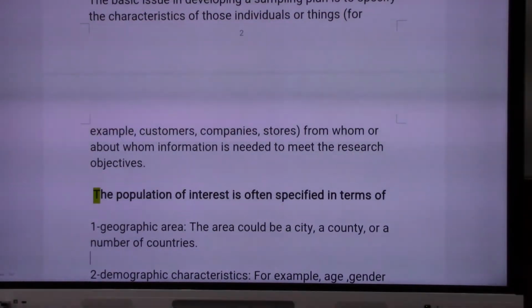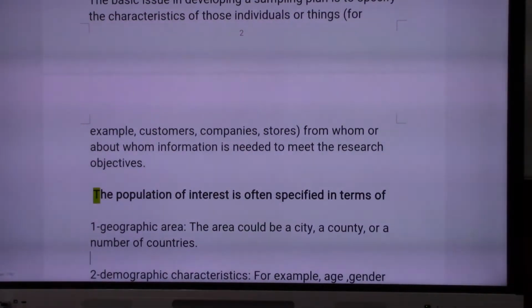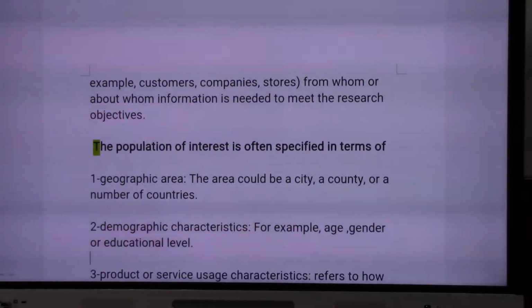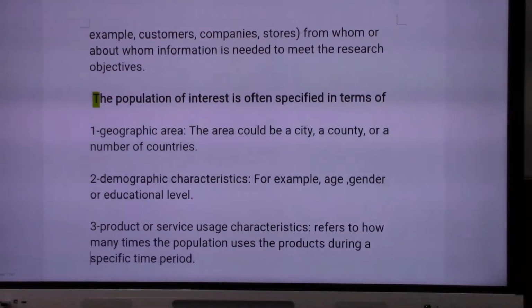The second base for selecting population is demographic characteristics, for example, selecting a population of a specific age or gender or a specific educational level. The third base may be product or service usage characteristics, which refer to how many times the population uses the product during a specific time period.